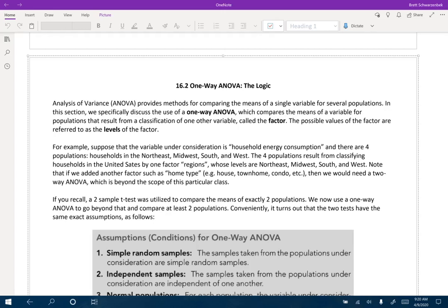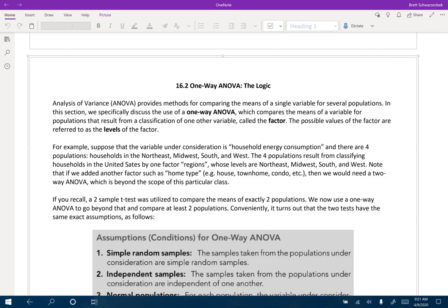Whereas 16.1 concentrated on how to use the F table for determining critical values of an ANOVA test, this section is going to talk about the logic of how an ANOVA analysis works. So you're going to learn more about the actual test itself and how different it is from some of the other things that we did.